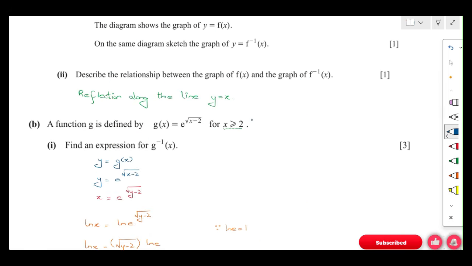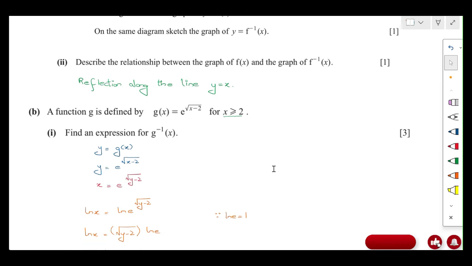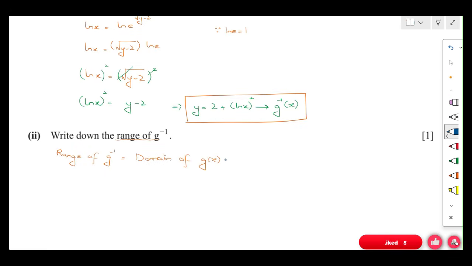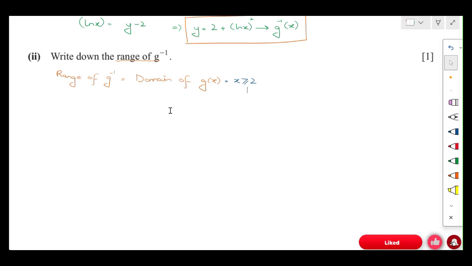The domain of g of x is x greater than or equal to 2. So from here we can easily get the range of g inverse of x: y is greater than or equal to 2, because for range we use the variable y, and for domain we use the variable x. So this is the range of g inverse of x.